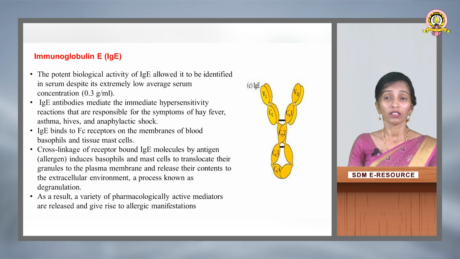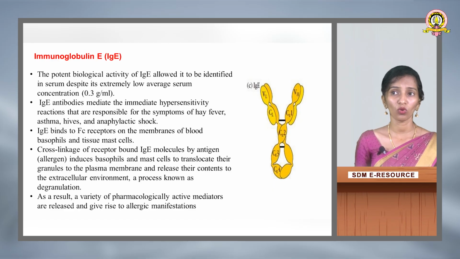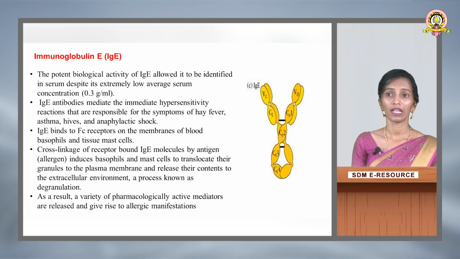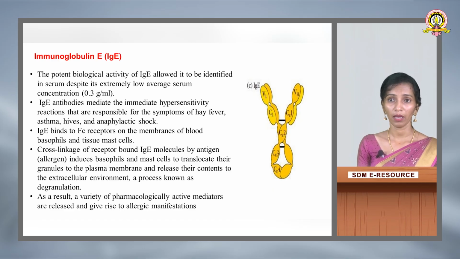The next classification is immunoglobulin E or IgE. The potent biological activity of IgE allowed it to be identified in the serum despite its extremely low average serum concentration, 0.3 μg per ml. IgE antibodies mediate the immediate hypersensitivity reactions that are responsible for the symptoms of hay fever, asthma, hives and anaphylactic shock.